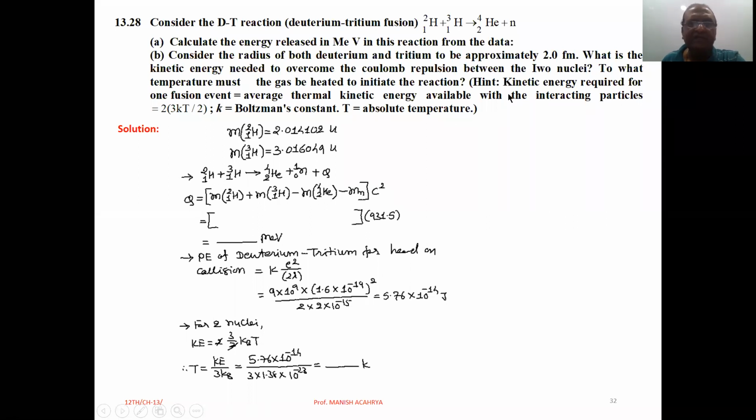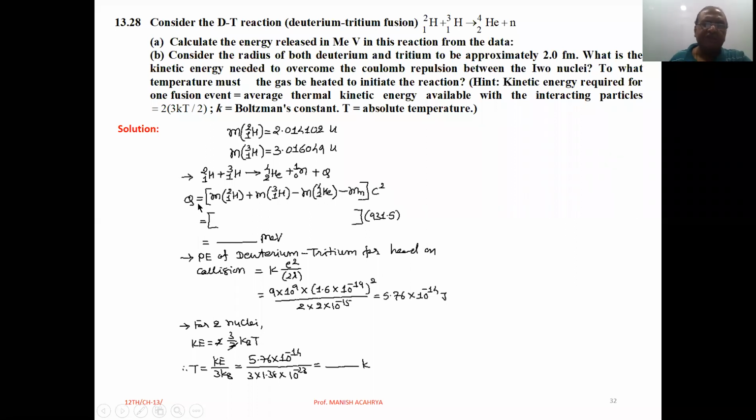Hint: kinetic energy required for one fusion event, that is average thermal kinetic energy available with the interacting particles, that is equal to 3 by 2 kT. K, that is Boltzmann constant, T, that is absolute temperature. Now mass of 1H2, that is this much U, mass of 1H3, that is this much U. So reaction, that is 1H2 plus 1H3, that gives you 2He4 plus 1 neutron plus energy.